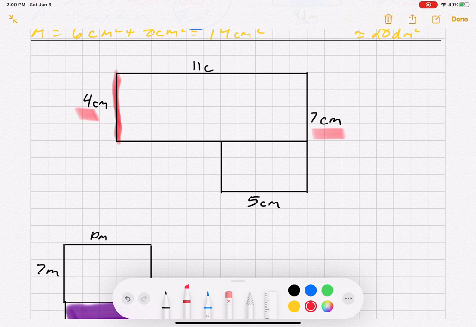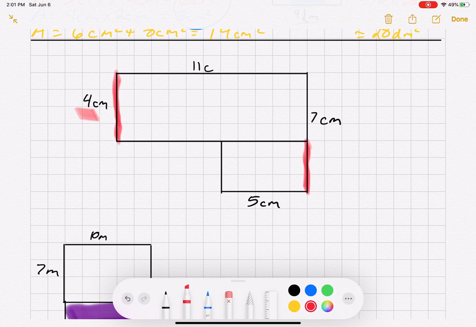So is this for just this part, or is it for the whole thing? Yes, it is for the whole side. So the length that I don't know is this part right here. And how would you figure that out? Pause the video and try to figure out how you would find the length of this side.